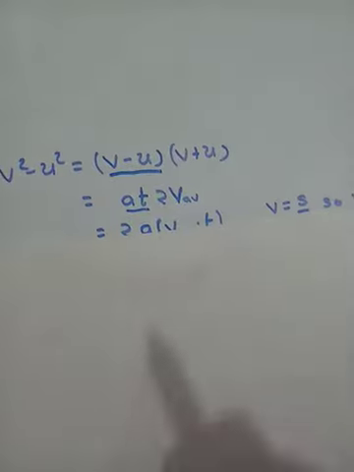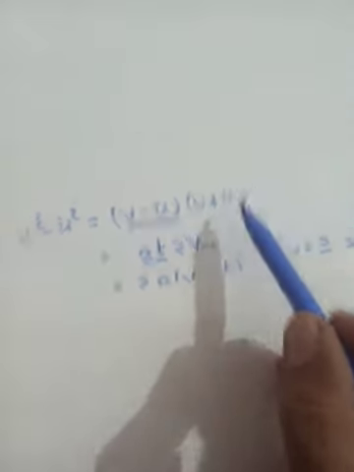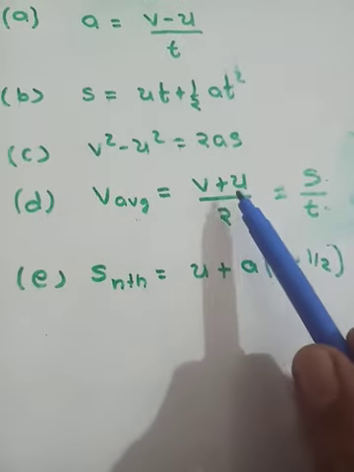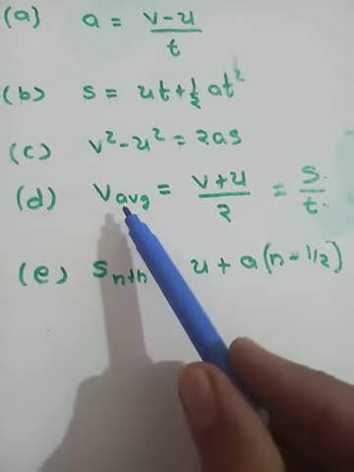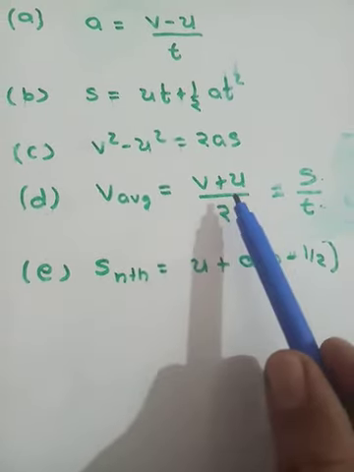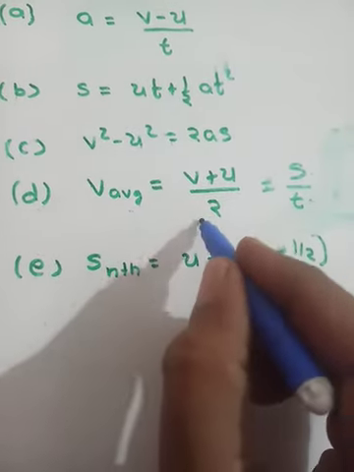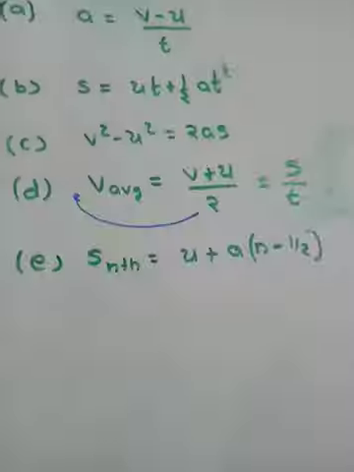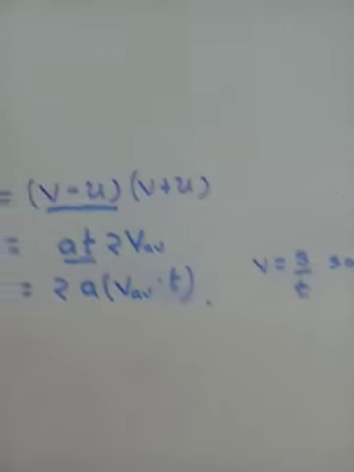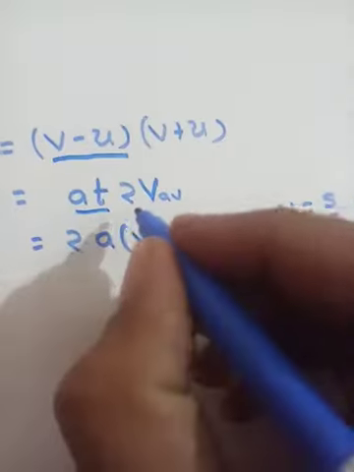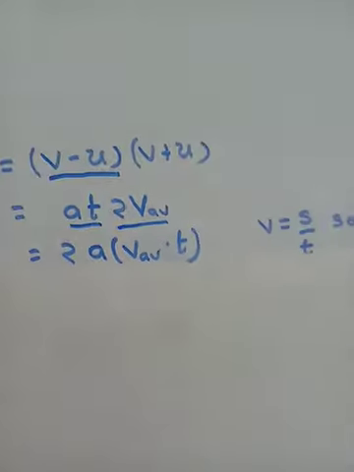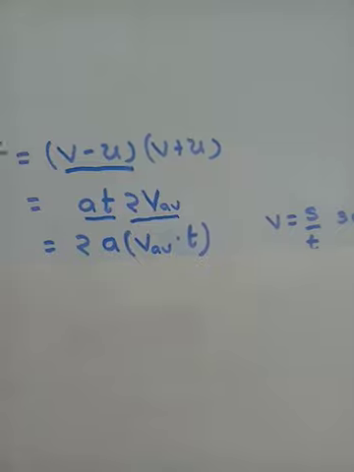And what is v plus u? Take from here: v plus u by 2 is equal to average velocity. So v plus u is equal to 2, and this 2 moves over here, giving us 2 times average velocity.